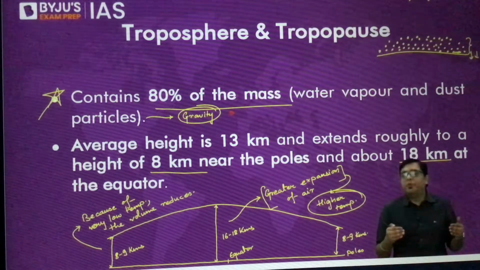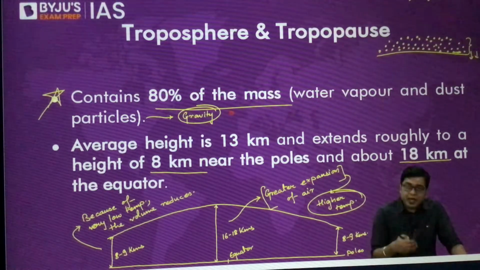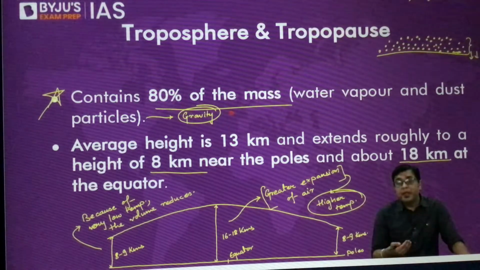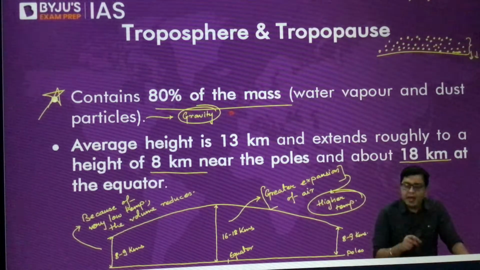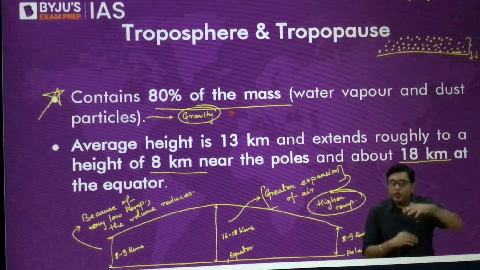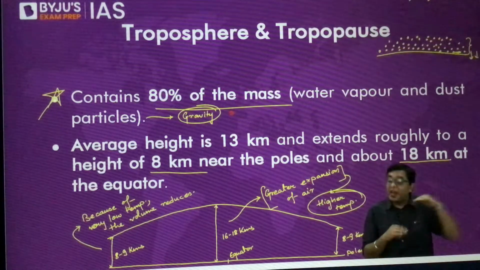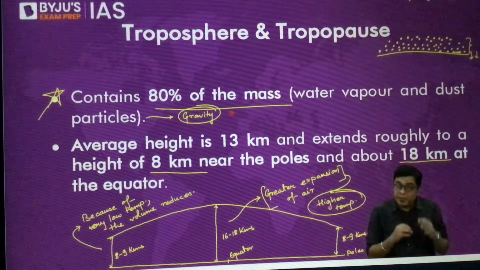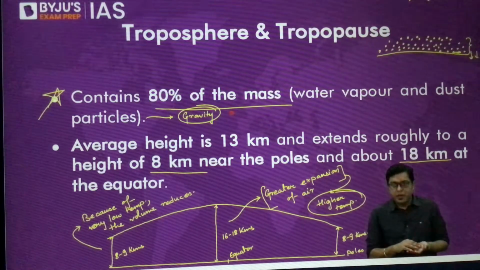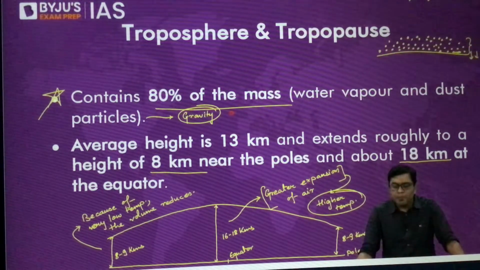Around the region of the poles, the temperature will be very, very low, whereas around the region of the equator, the temperature in general will be higher. So that is why the air around the equator will be expansive. Due to that, it will always occupy a greater volume. Whereas the region around the poles will be very cold, due to which the air will compress, and that is why it will have a reduced volume.